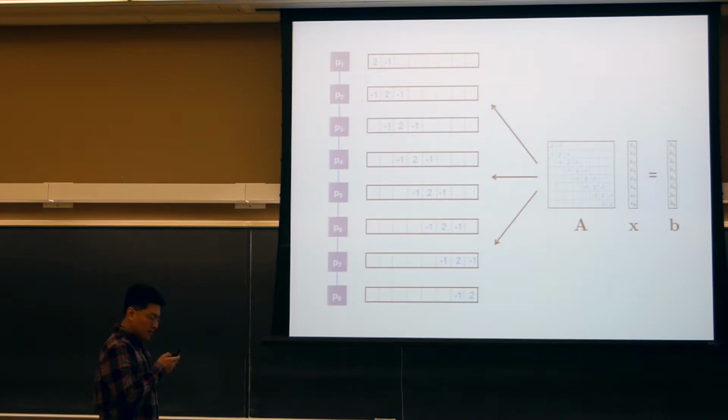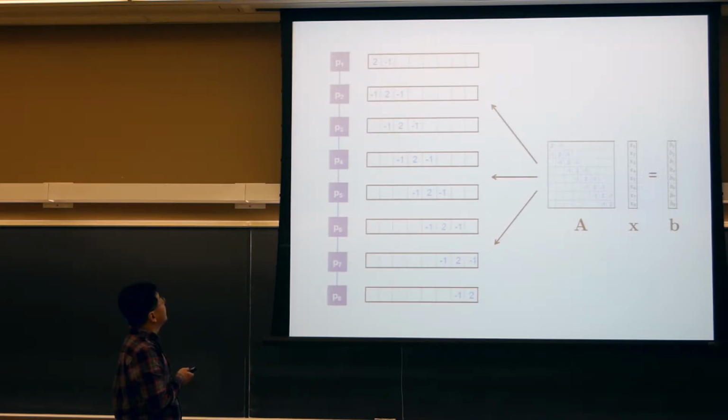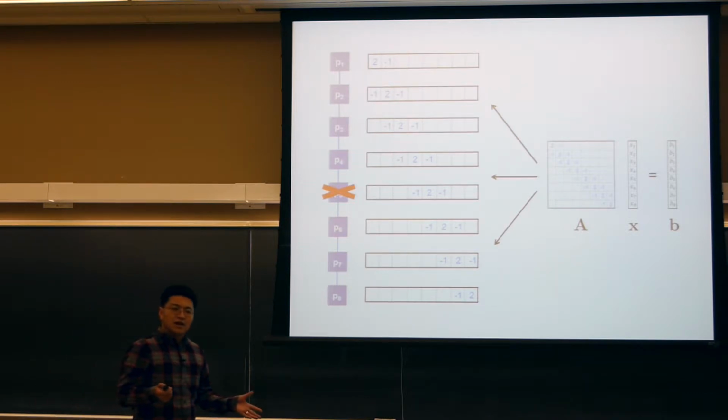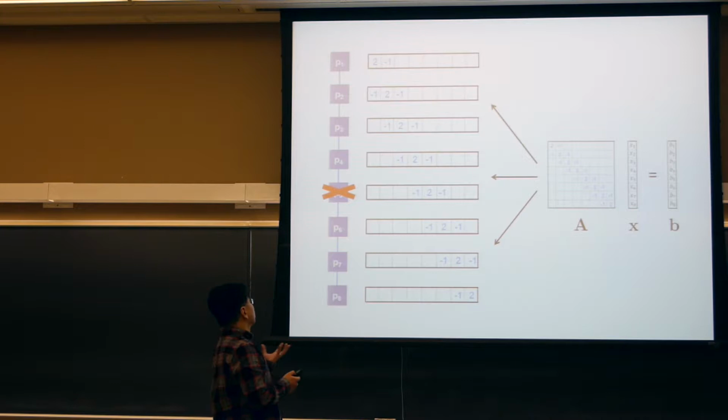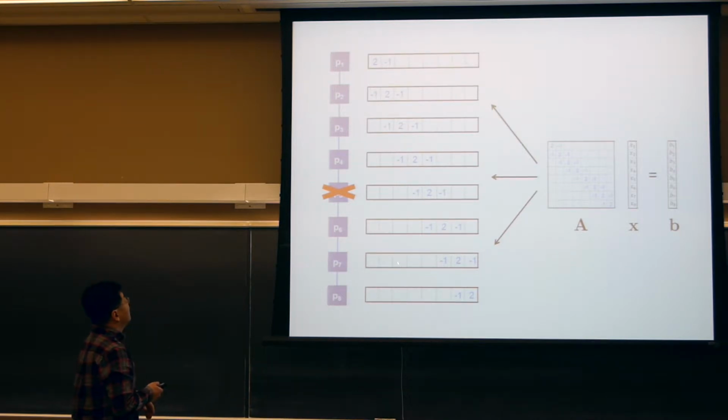Now suppose at some moment, for whatever reason, P5 failed. It just crashed. Let's consider what this implies for the whole distributed linear system solver. If that happens, P4 can no longer talk to P5.